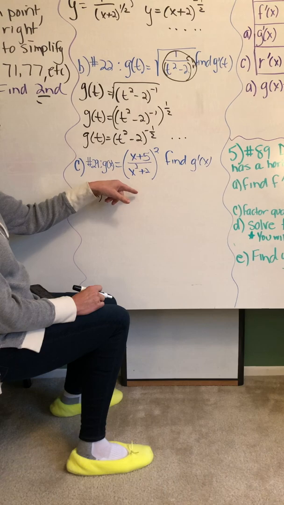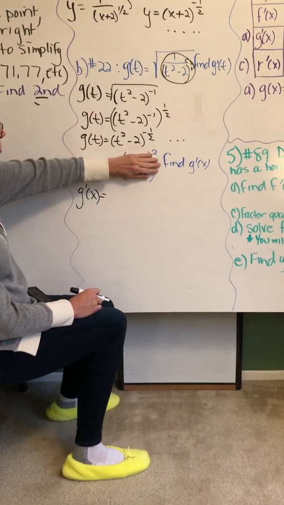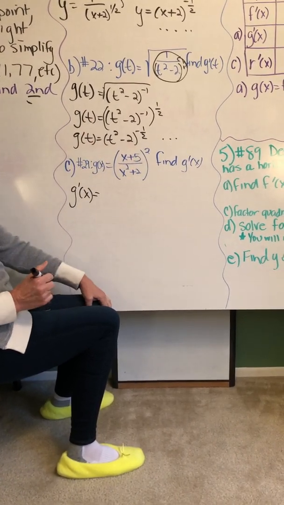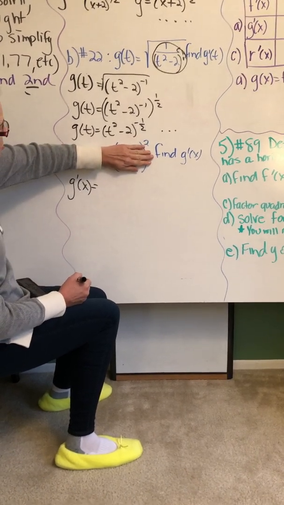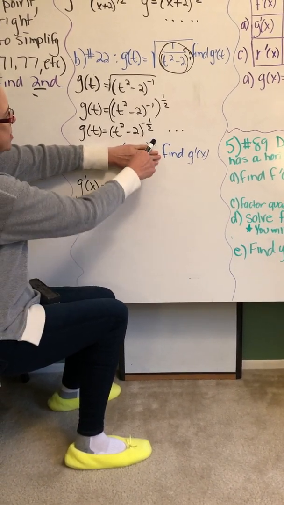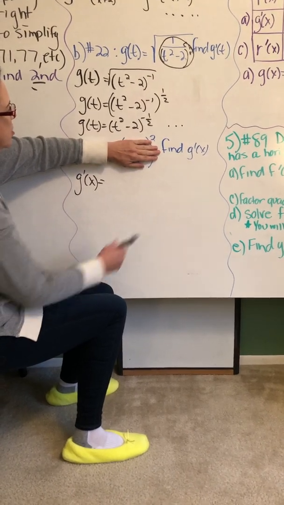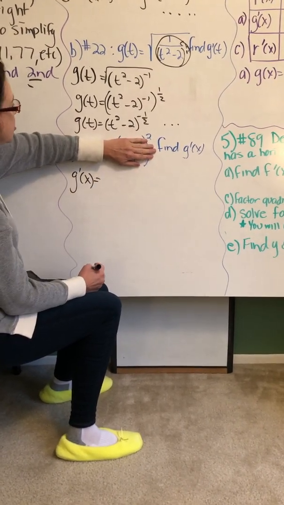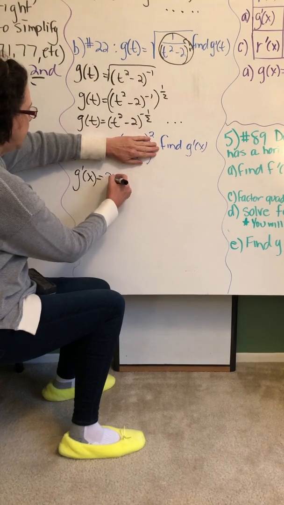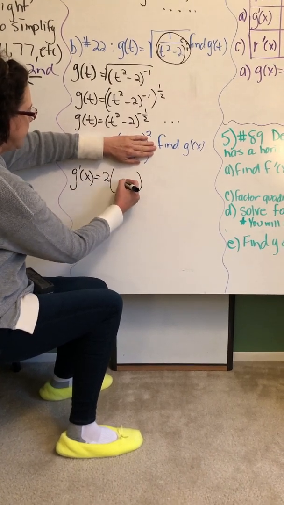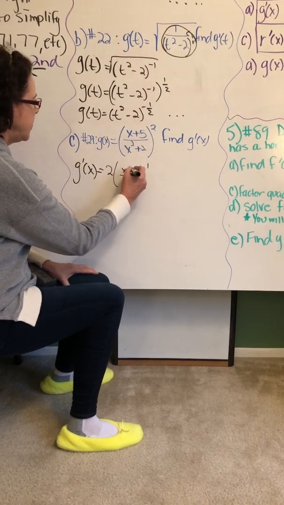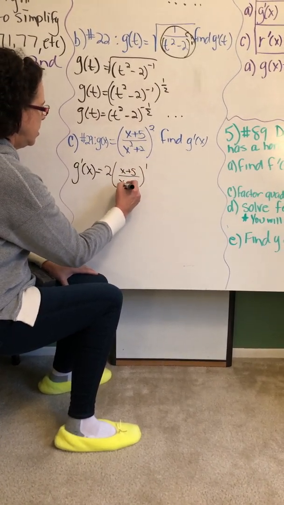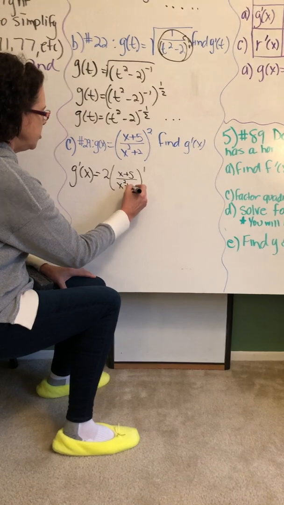Because I have a chain rule and a quotient rule going on, I first write what I'm going to do. Here we go. So first of all, by the chain rule, I'm going to take the derivative of the outside function, the squaring function. The derivative of anything squared is 2 times anything to the first power. My anything is x plus 5 over x squared plus 2.